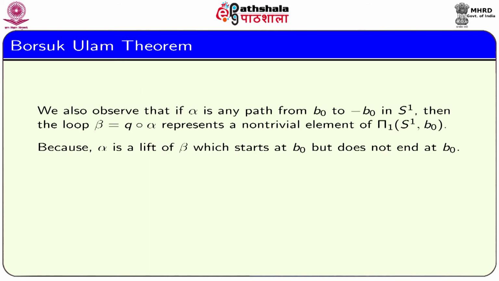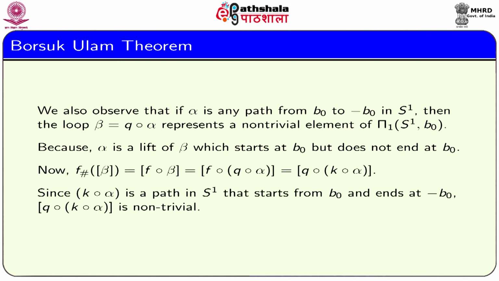We also observe that if alpha is any path from B0 to minus B0 in S1, then the loop beta is equal to Q composed alpha represents a non-trivial element of pi 1 S1 based at the point B0, because alpha is a lift of beta which starts at B0 but does not end at B0.